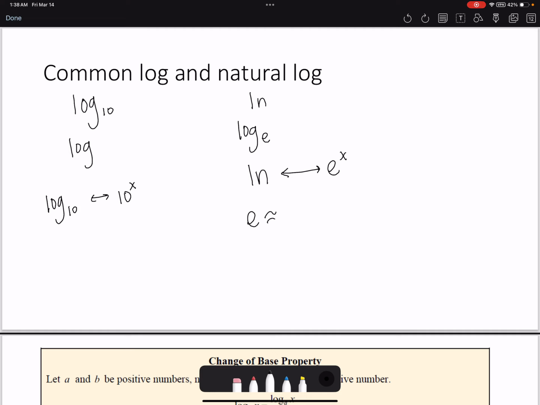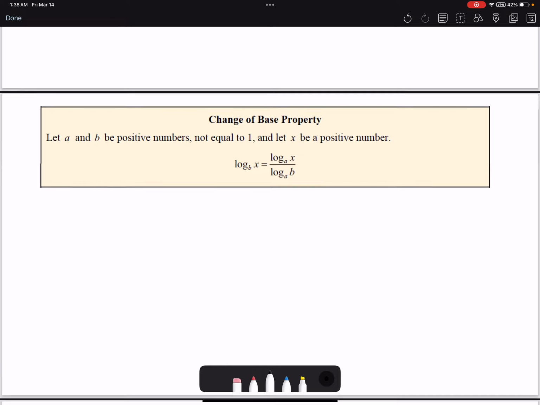E is approximately 2.7, but your calculator will use the exact amount. If you are calculating something like e to the third, make sure you're not approximating it with 2.7. That's a review of log and natural log.